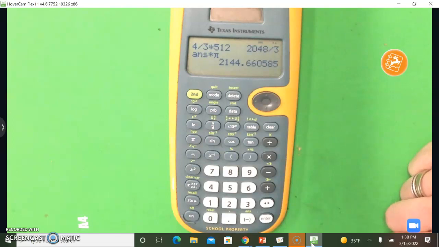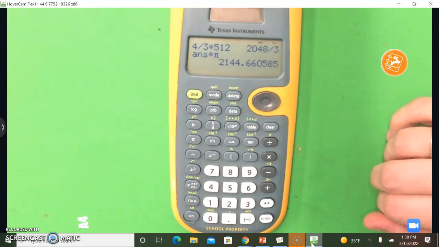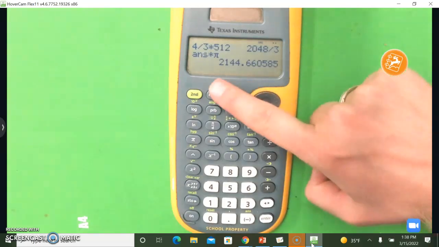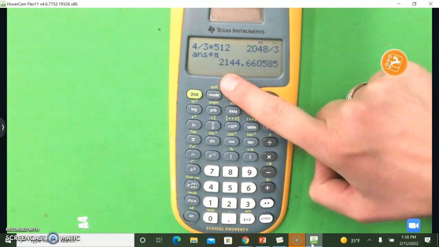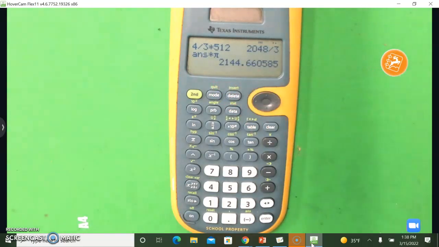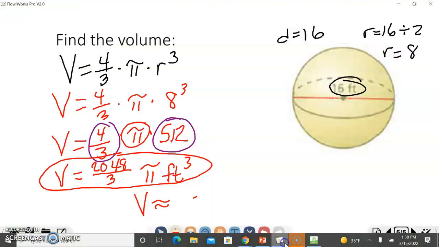And we get 2,144.660585. And I want to round this to the nearest tenth, so I'd have 2,144.7. And I'm still measuring in feet, so feet to the third power.